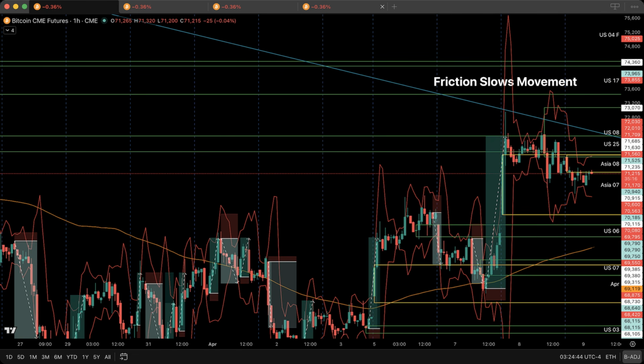This is friction. Now observe how sessions continue to form on top of previous session memory. This is not accidental. Each session anchor forms where prior interaction already existed. Even though earlier session memory is removed in this chart for clarity, the structure continues to respect those levels. If prior session memory is reconstructed, every session anchor aligns with previous boundaries.